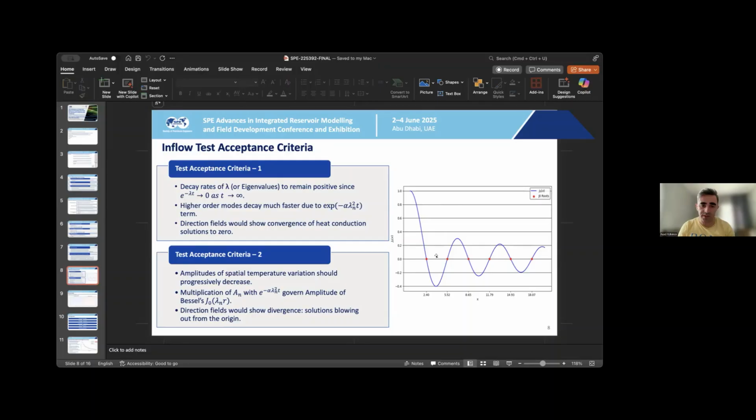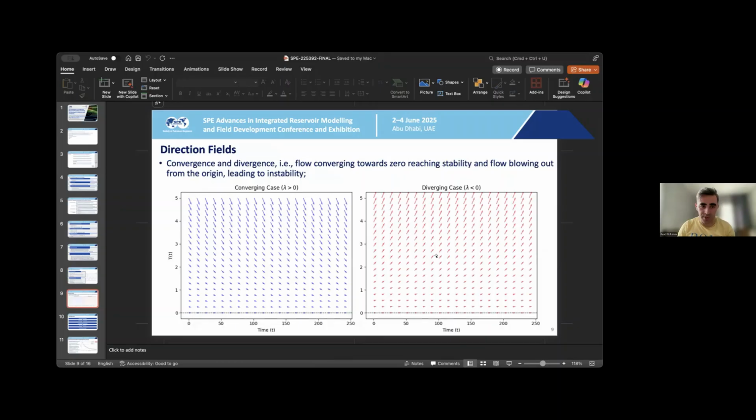The reason is that the multiplication of constants before the function drives the amplitude, the height of those oscillations. And with time, as the temperature converges to the initial temperature value, the oscillations should follow a descending trend. I will show the application in the next slides.